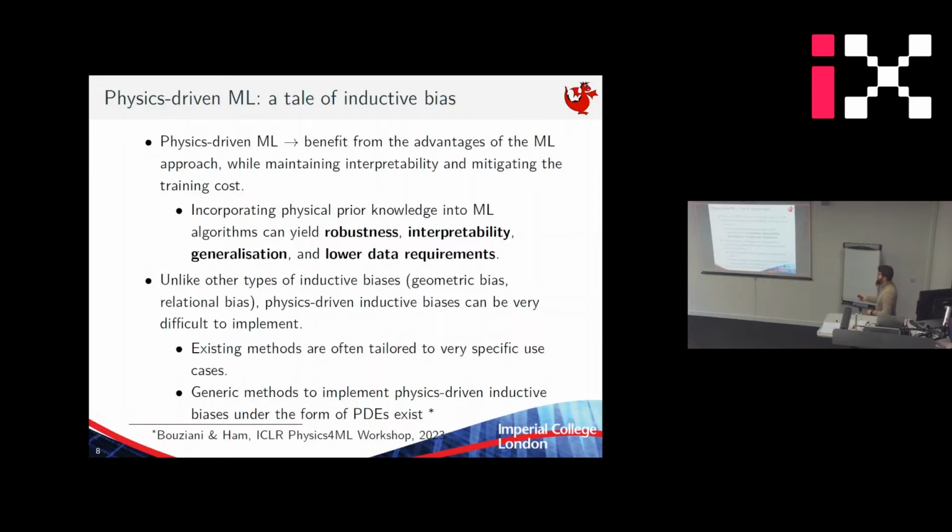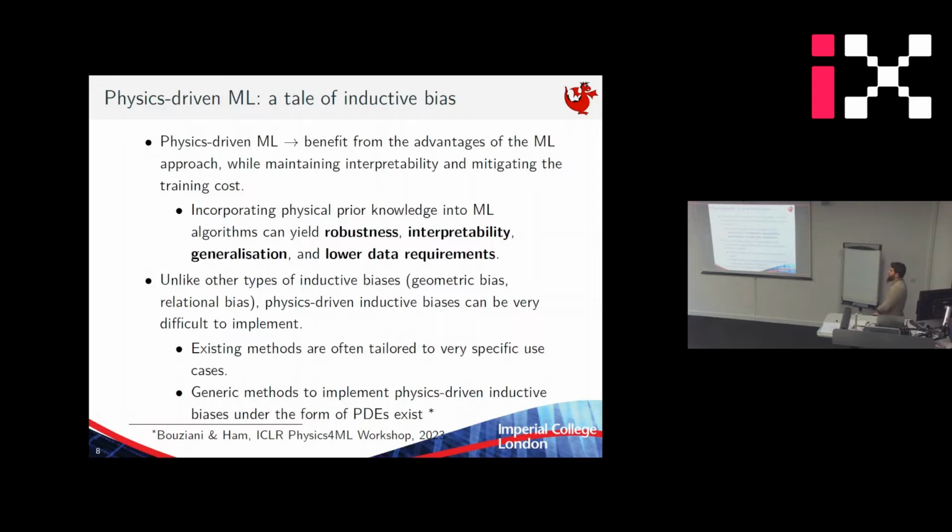This is usually referred to as inductive biases. The hope in those physics-driven ML approaches is you can benefit from the advantages of the ML approach while still maintaining some interpretability and mitigating the training cost.